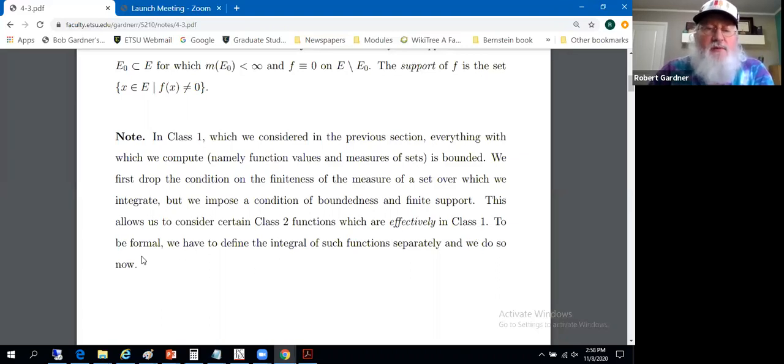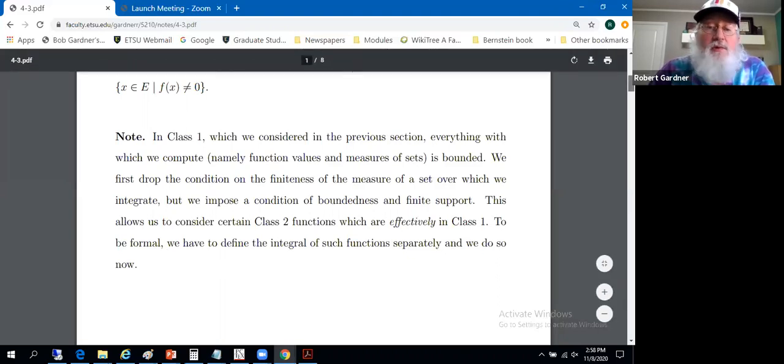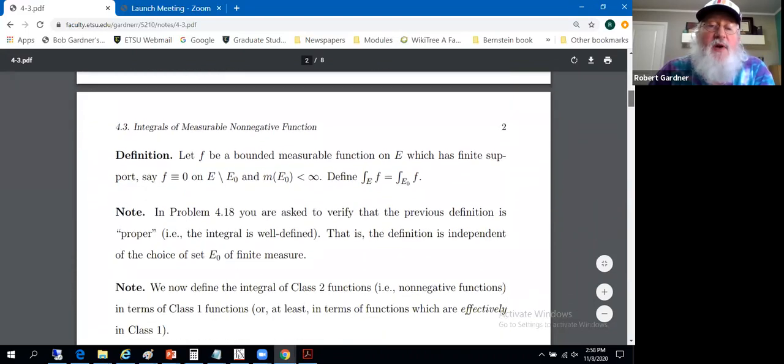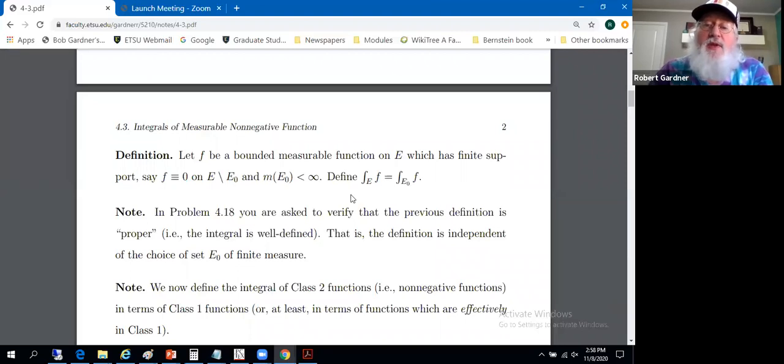So to be rigorous and formal about this, we do need to define the Lebesgue integral of such functions. So let f be a bounded measurable function on E which has finite support. Say it's 0 on E set minus E sub 0, where the measure of E sub 0 is finite. And that's what finite support is. Then define the integral over E of function f to be the integral over E sub 0 of function f.